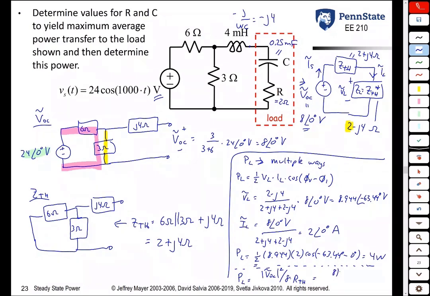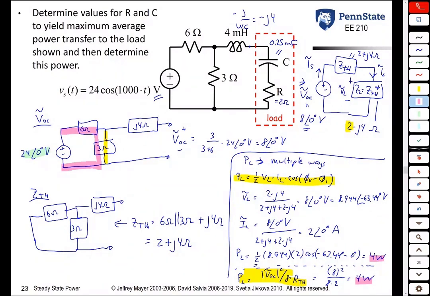So you get 8 squared over 8 times 2, or 4 watts. So whether you use the general equation or the equation specifically for maximum power transfer, you get the same answer of 4 watts.